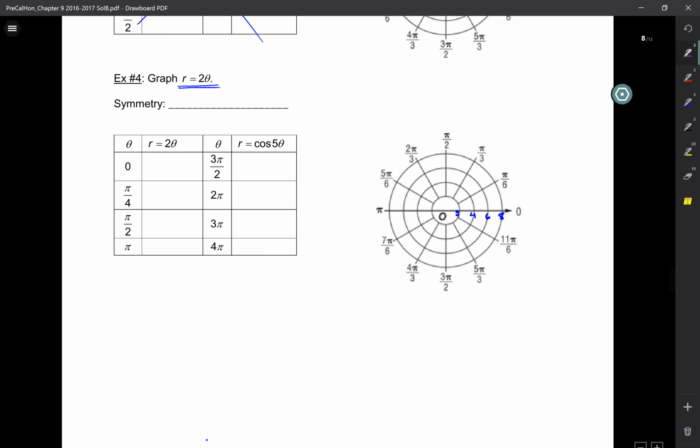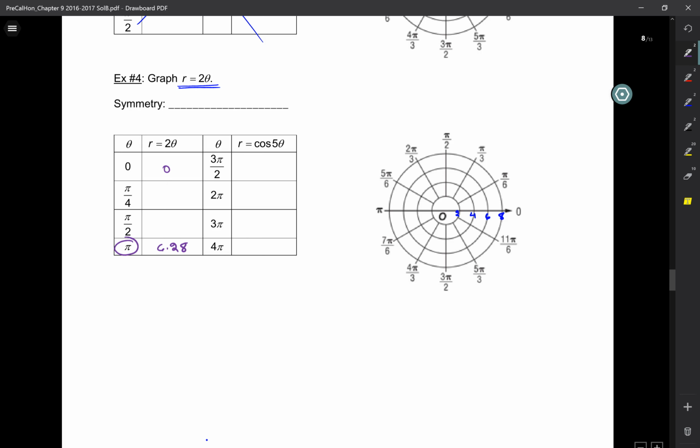Now, when theta is equal to 0, how much is r? 0. When theta is equal to pi, how much is r? Here, when theta is 2 pi, which is how much?